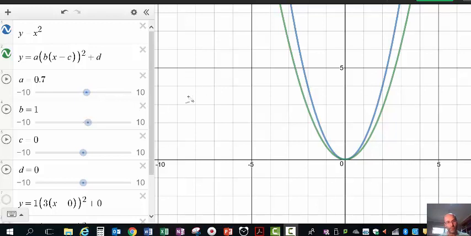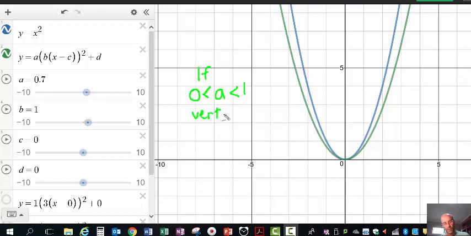We haven't broken anything. So when A is less than 1, but A also has to be greater than 0, because we saw what happened. It went horizontal. What that means is that it knocks out the whole squared term and you've only got a constant term. So that's why it goes flat. It turns into a constant function. But if A is in that range between 0 and 1 exclusive, we have a vertical compression.